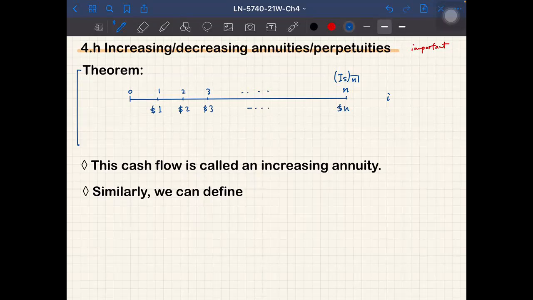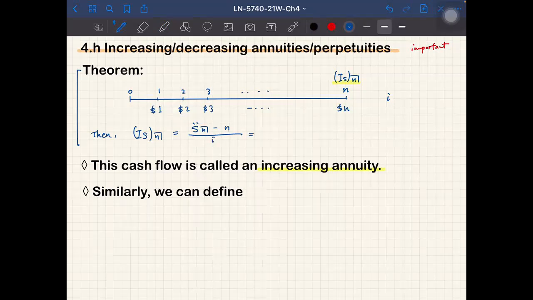We generalize it in later videos, but for now we think about this cash flow. This cash flow is called an increasing annuity, and we define the accumulated value as (Is)‾n. Then (Is)‾n is equal to s̈‾n minus n over i.